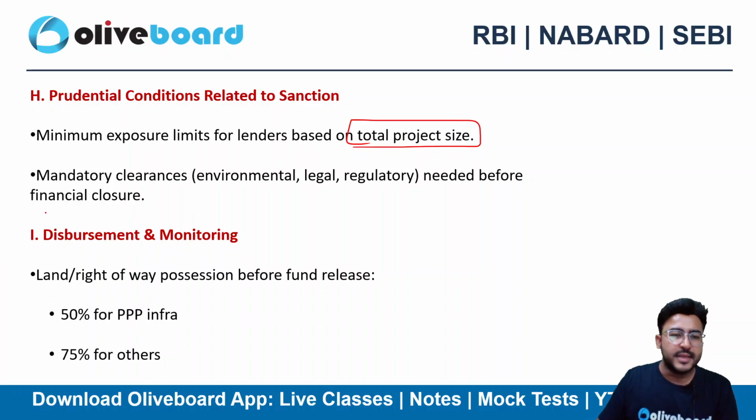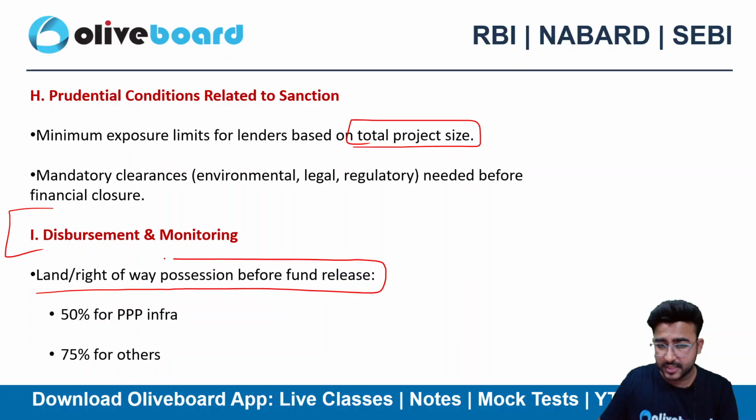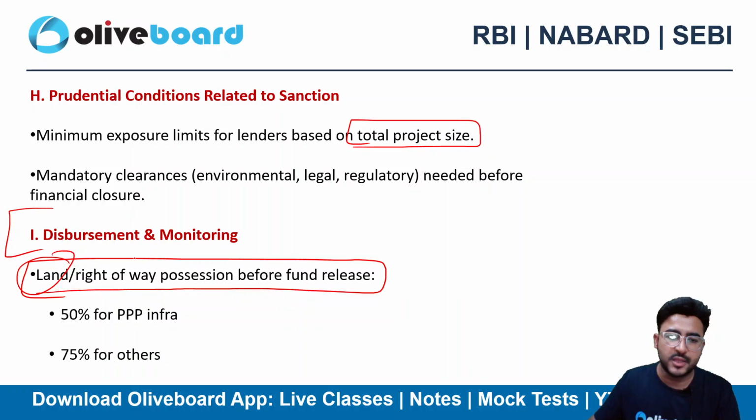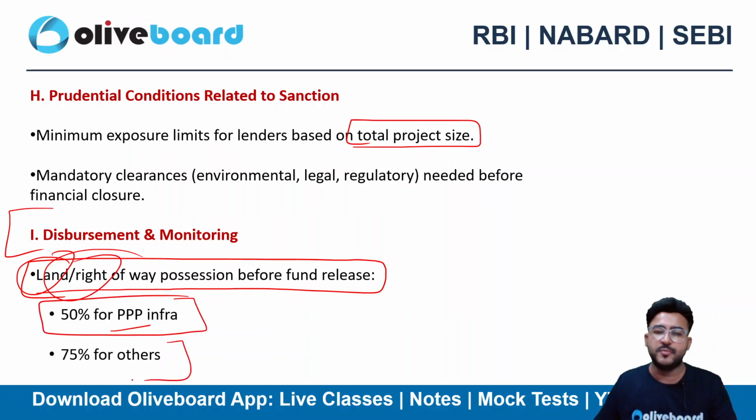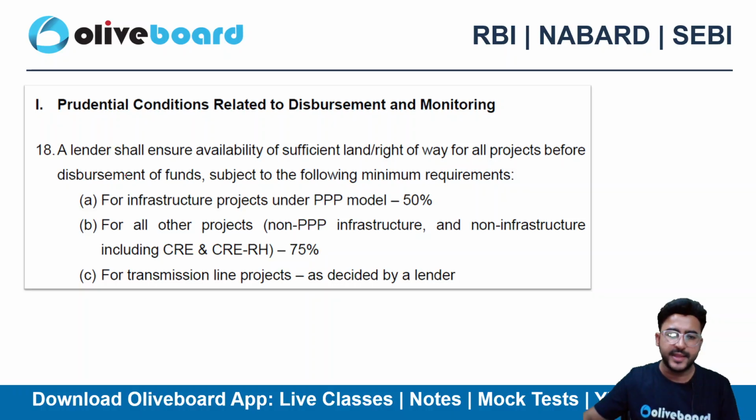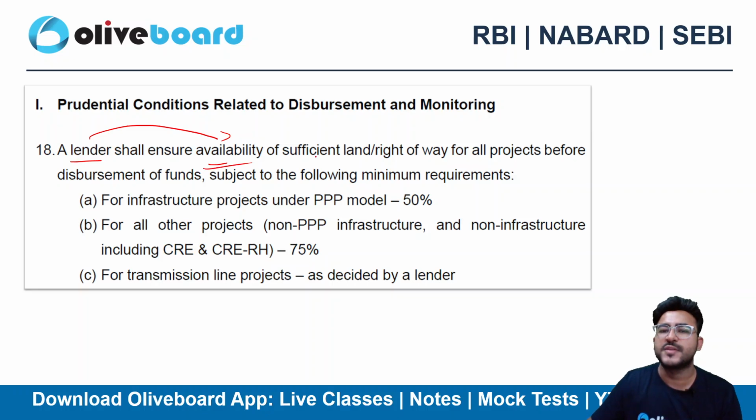And let's suppose the disbursement and monitoring, land or right of way possession before the fund release. So they should have land, they should have the right of way, or else the land. For PPP infra projects, it should be 50%. For others, it should be 75%. And that's what we can see here in the circular. Lender shall ensure availability of sufficient land.